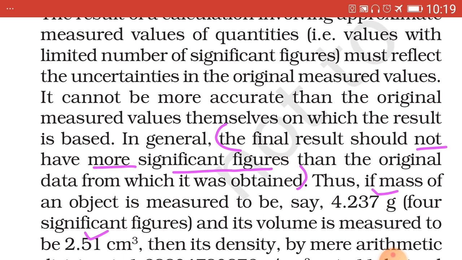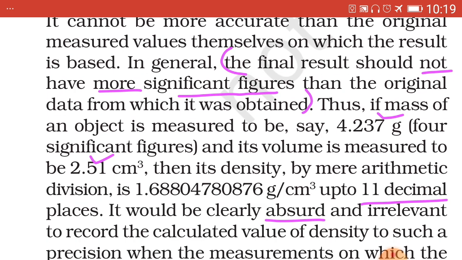Say if the mass of an object is 4.237 g, that means grams, how many significant figures are there? 4. That is 4, 2, 3 and 7. And its volume is measured to be 2.51 centimeter cube, which has been given in the data.